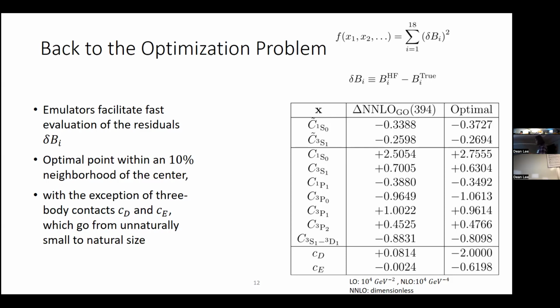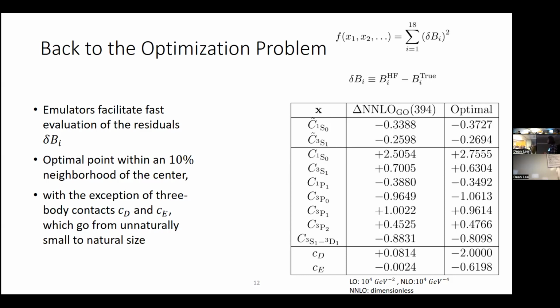So, okay, in this table, the first column is the set of independent variables for the purpose of this problem, and they correspond respectively to leading order, next to leading order, and next to next to leading order short range contacts in this interaction.